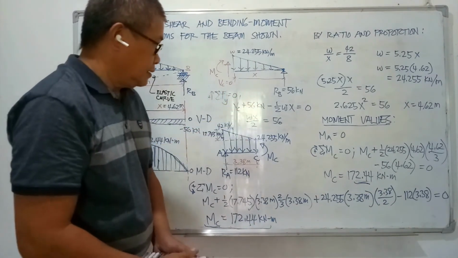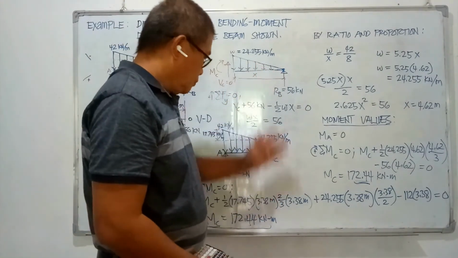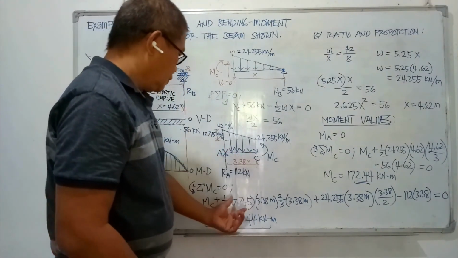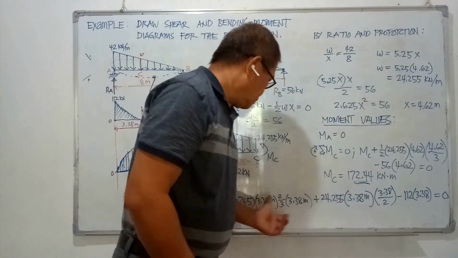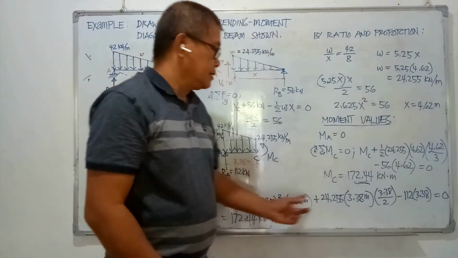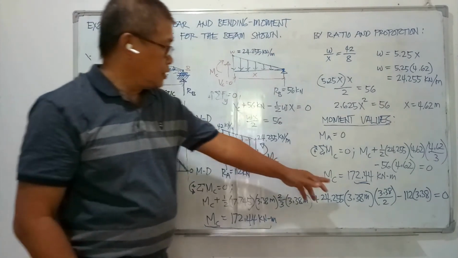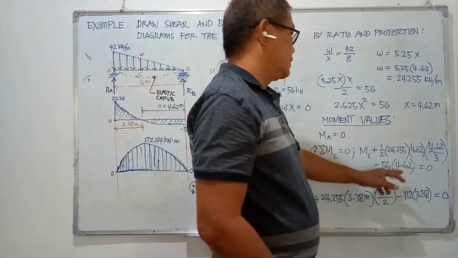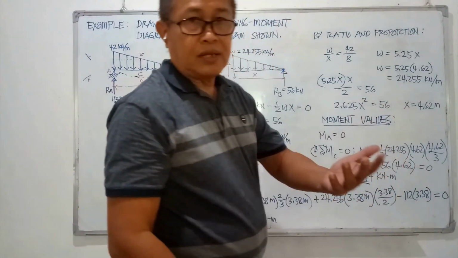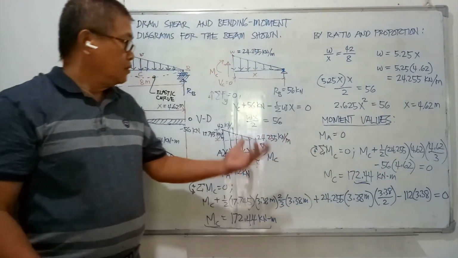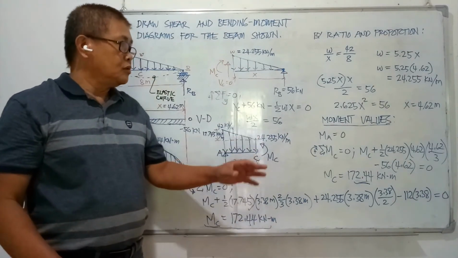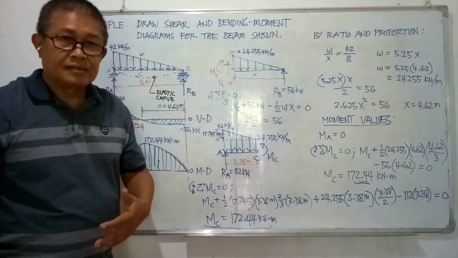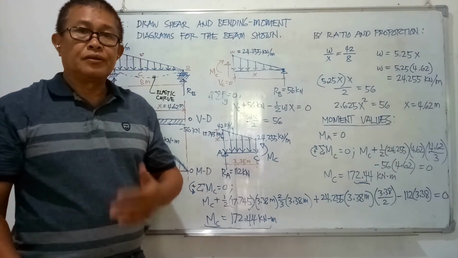As you can notice, the computation for M sub C using the left segment involves 3 forces, while the other computation has only 2 forces. So one less load in developing the moment means less chance of committing error.